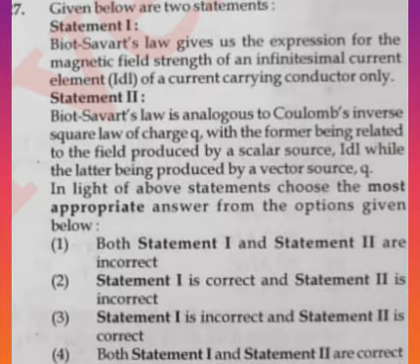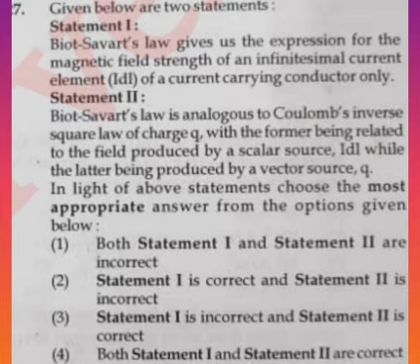Question number 27. Given below are the two statements. Statement 1: Biot-Savart law gives us the expression for the magnetic field strength of an infinitesimal current element of a current carrying conductor only.